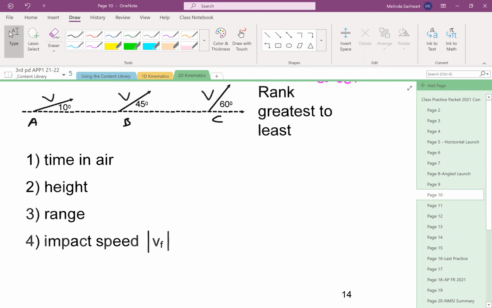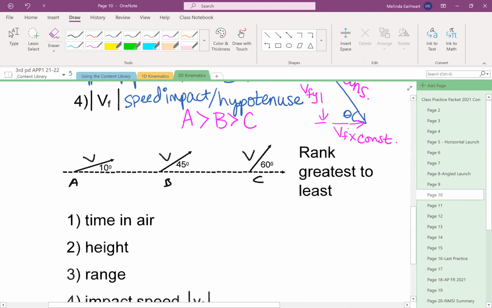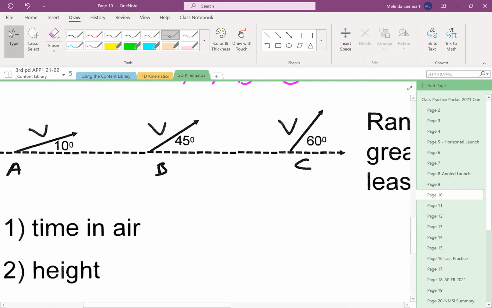We don't really know what they are, but we're going to launch them at the same launch speed. Now notice you're not given a number. So I'm just adding that these are launch speeds. Notice the arrow, right? We're not hitting the ground, we're leaving the ground.